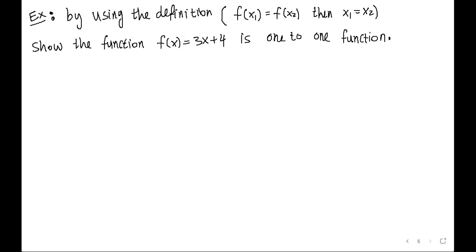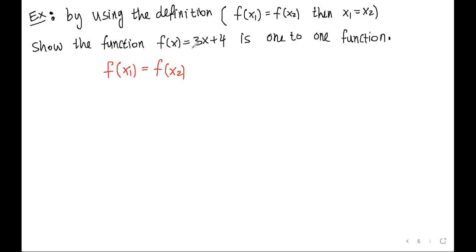Okay, let me do it. Let me do the first step. To check this function is one-to-one, I have to plug x1 inside the function, x2 inside the function, and make them equal. So I have to write here f of x1 equal f of x2.